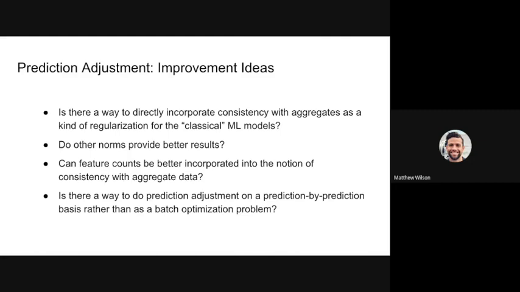Another question is, is there a way to do prediction adjustment on a prediction by prediction basis rather than as a batch optimization problem? Being able to do this on a prediction by prediction basis would make this much more useful in the real world, where observations come in one by one and you don't have the opportunity to collect a batch and solve a batch optimization problem.